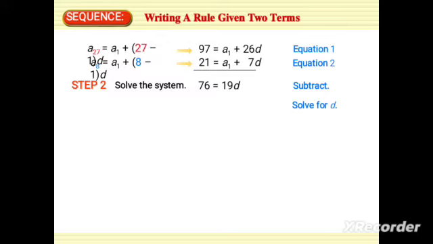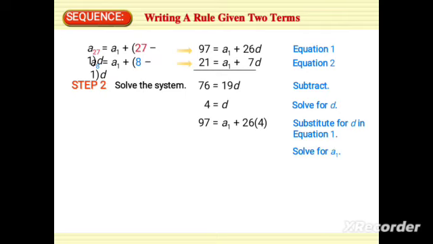So we have 76 is equal to 19d. That means the value of d is 4. Now we can substitute in equation 1 so that we get the first term, that is the value of a. And now we have it that a is equal to -7 and d is equal to 4.